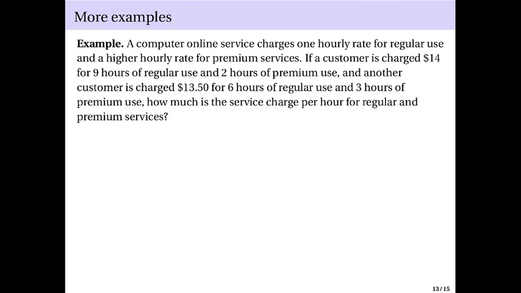If a customer is charged $14 for 9 hours of regular use and 2 hours of premium use, and another customer is charged $13.50 for 6 hours of regular use and 3 hours of premium use, how much is the service charge per hour for regular and premium services?